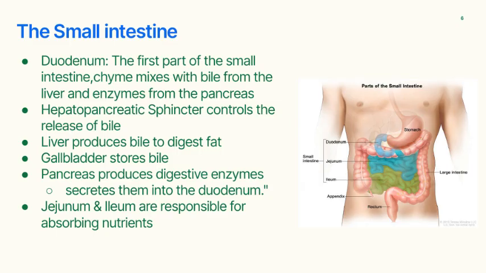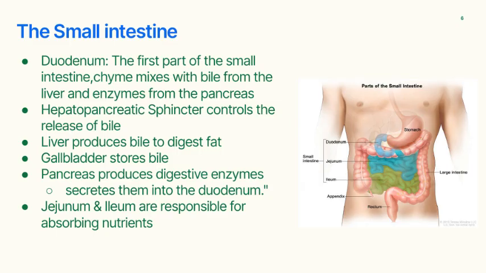The next part is the hepatopancreatic sphincter. This sphincter controls the release of bile and the pancreatic juices. The liver produces bile, which aids in the digestion of fat, that is.